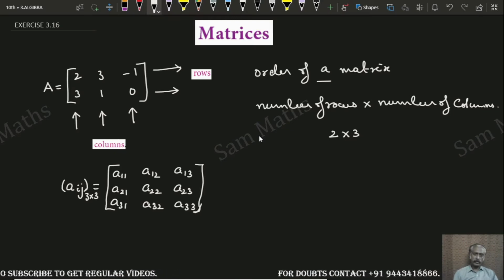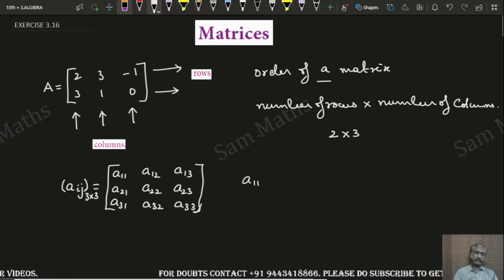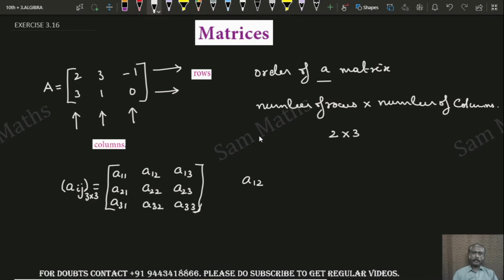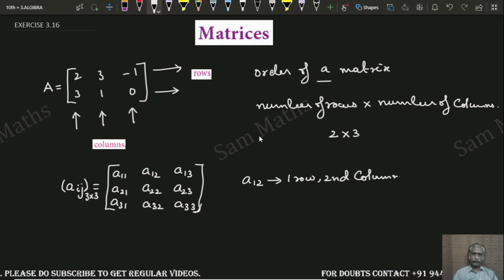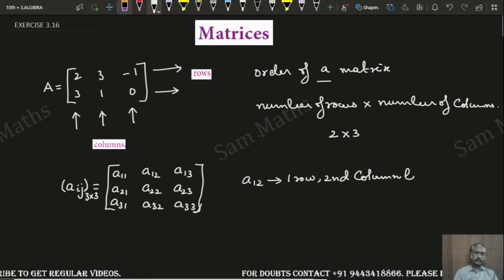See, a11 means first row, first element. The same thing, a12 is first row, second column element.